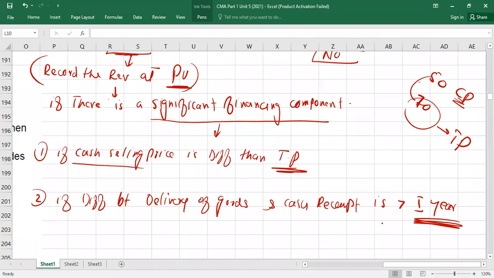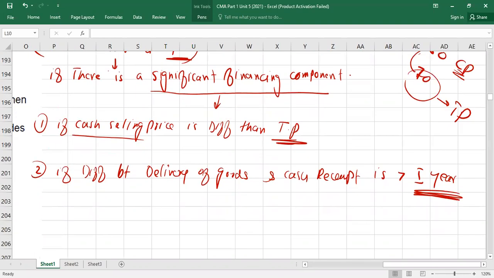This is the keyword. What it means here, you might have 2 scenarios. How many scenarios? 2, and we will see how to deal with each scenario. Scenario number 1. Can you read point number 2? If difference between delivery of goods and cash receipts is more than 1 year.